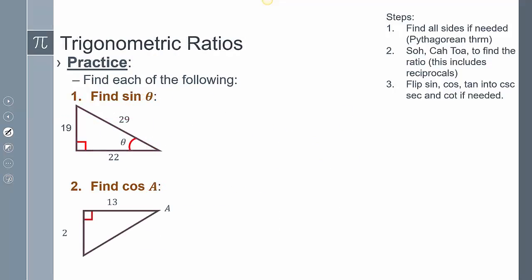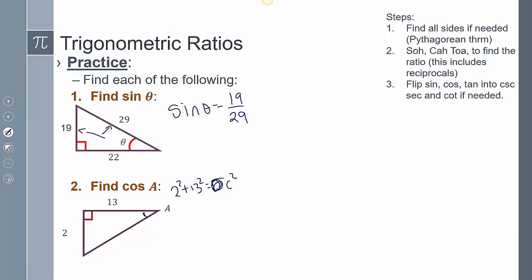Looking at a couple more, if I wanted to find the sine of this, well, sine of theta equals opposite over hypotenuse, so that'll be 19 over 29. For this one here, cosine of a, well, I have to find the hypotenuse, right? So first step, using that Pythagorean theorem. So a squared plus b squared equals c squared.